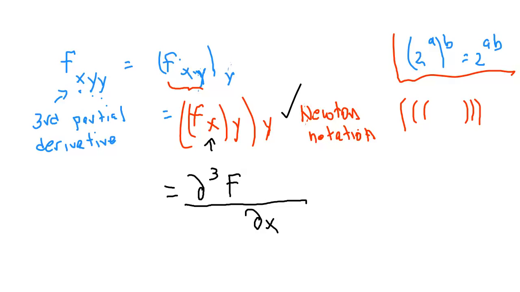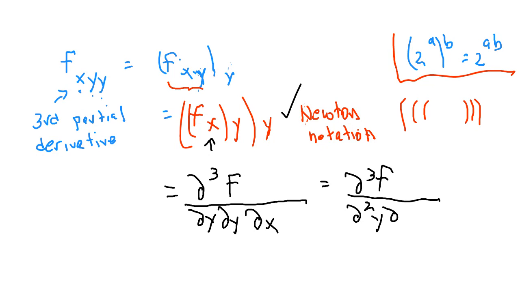And then I follow that up with a partial derivative with respect to y and another partial derivative with respect to y. This could be denoted also this way in terms of notation. You could denote that way.